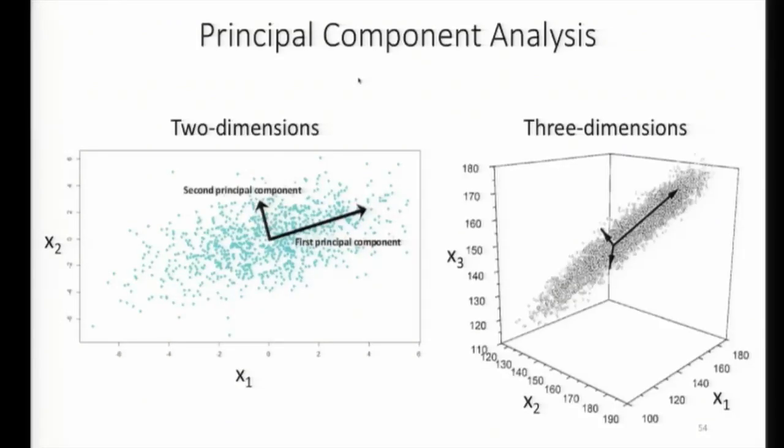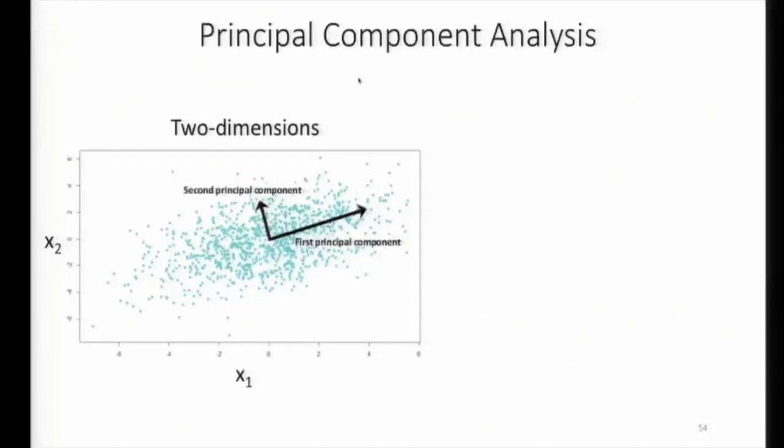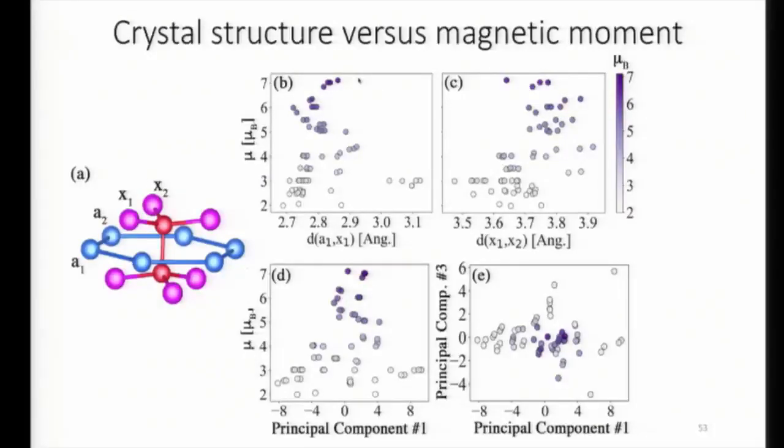You can do this also in 3 dimensions and a much higher dimensional space, and it's a tool to do dimensionality reduction and also pick up, if all your inputs are interatomic distances, you do analysis like this and you make a plot, you get a sense of, well, it seems to be that there's a link between structure and magnetic moment.